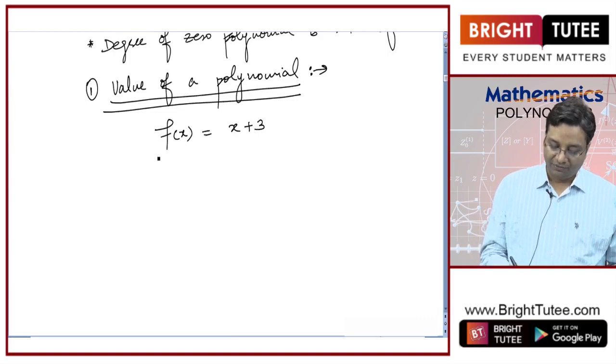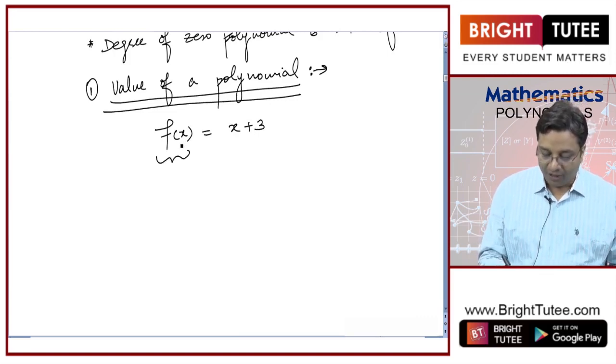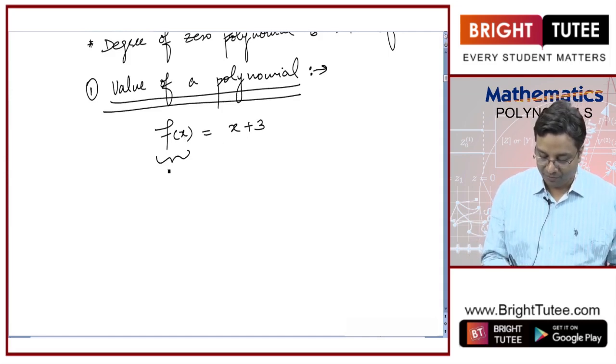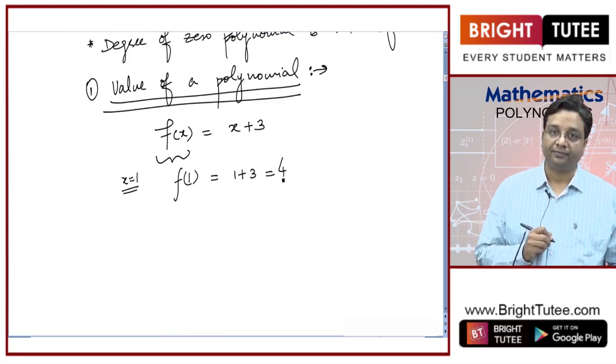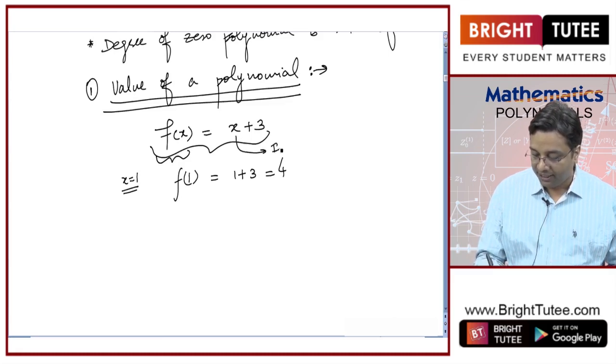Okay, what is f of x? This is function of x. It is the values that you obtain when you put various values of x. For example, if I put x equal to 1, I will get f of 1, which is equal to 1 plus 3, which is equal to 4. Right? In this expression, x is known as independent variable.